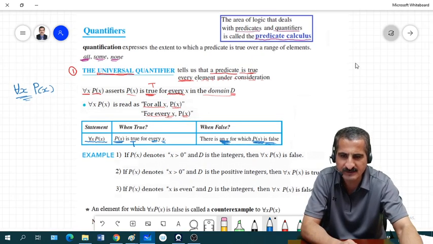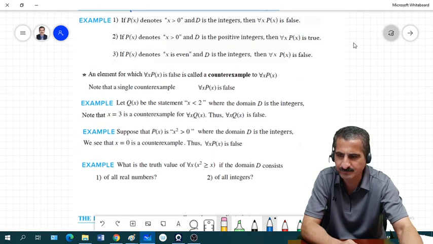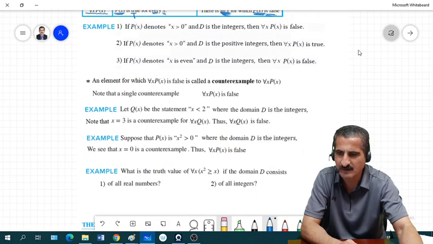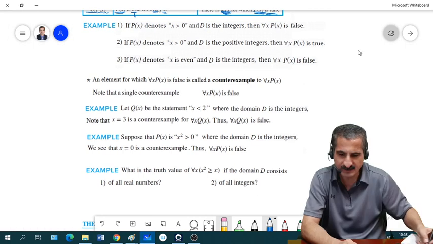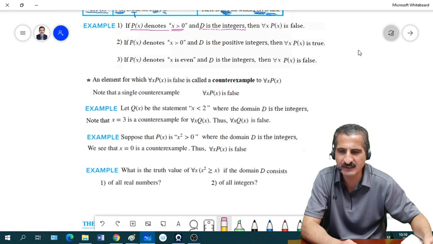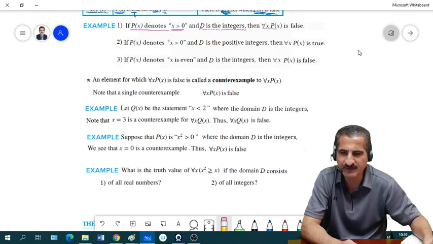And let us see examples of that. Example: let p of x denote x is greater than 0, and our domain here is the integers. Now see that for every x, p of x here is false. It is false indeed.